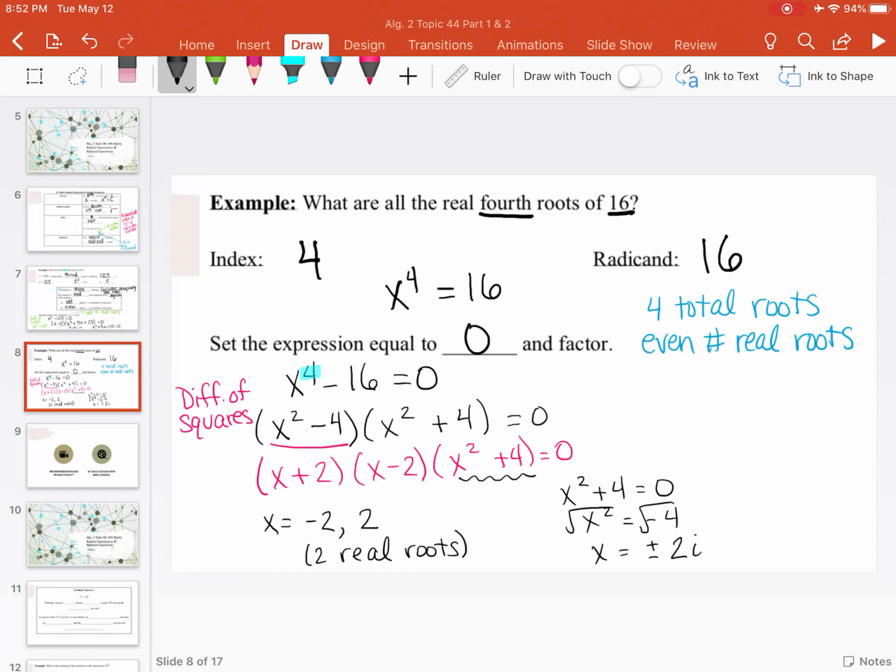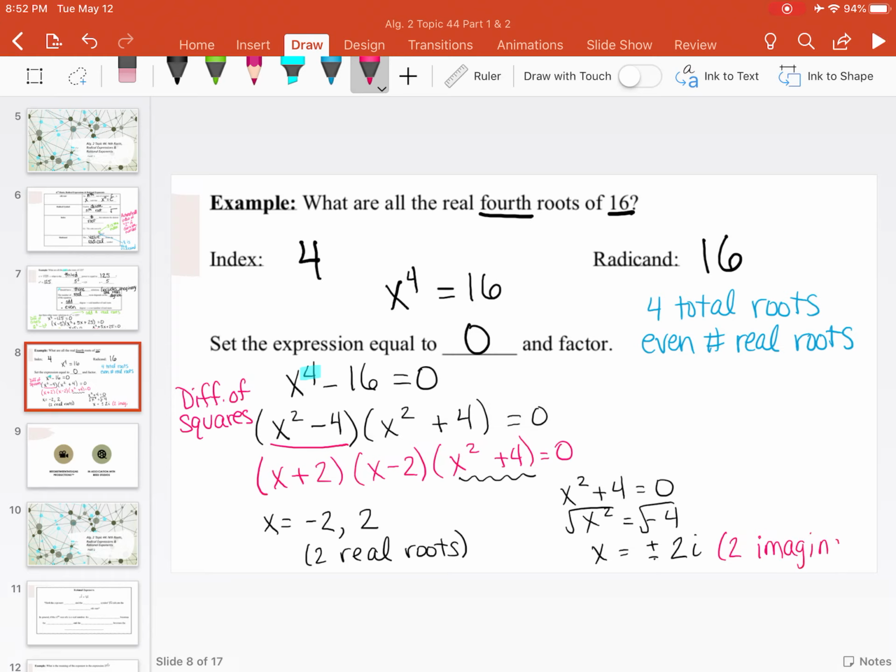This again shows you that imaginary roots or complex numbers come in pairs because we have plus or minus. And this also tells us that these are our two imaginary roots.